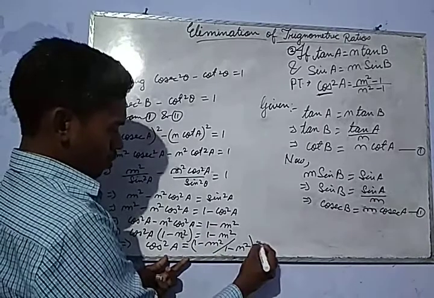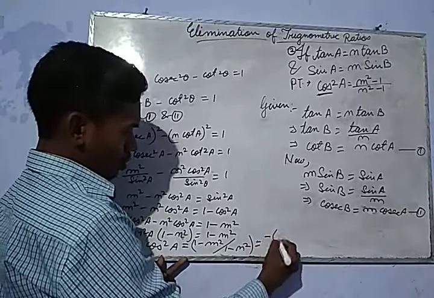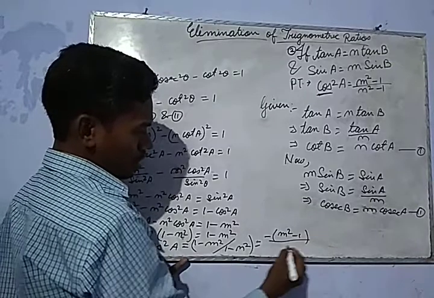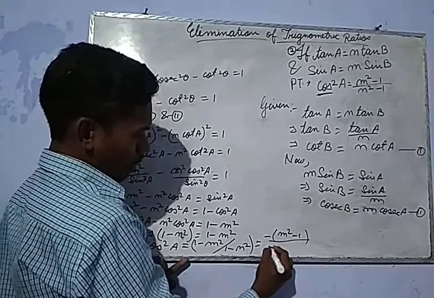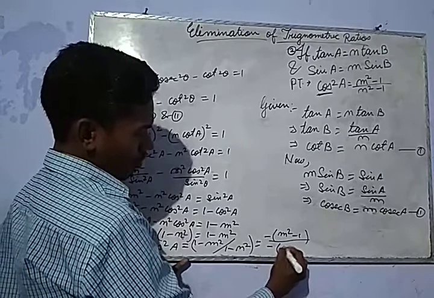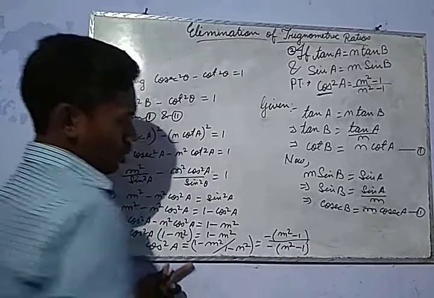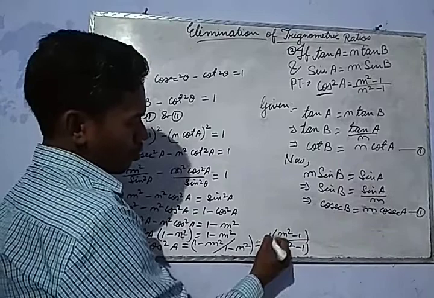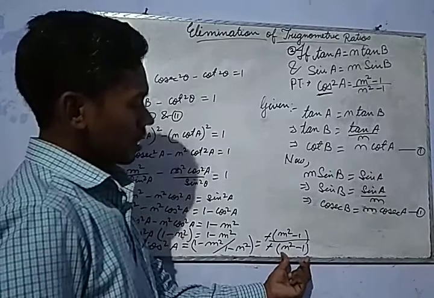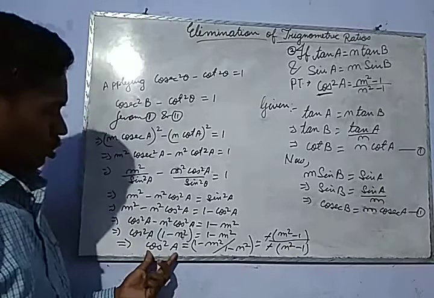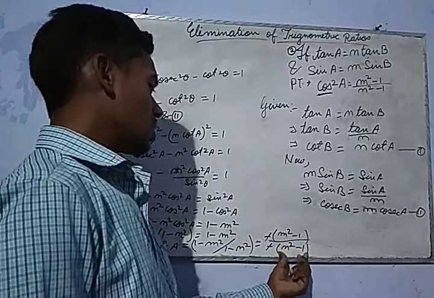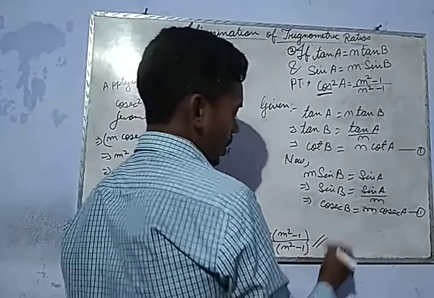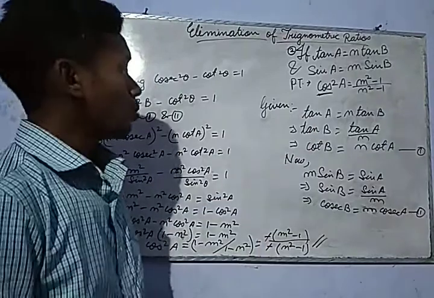When we do so, we get m square minus 1 in the numerator, and in the denominator we again take minus common and have n square minus 1. The two minus signs cancel, and we get the result: cos square A is equal to m square minus 1 upon n square minus 1. So this is the way this question has been proved.